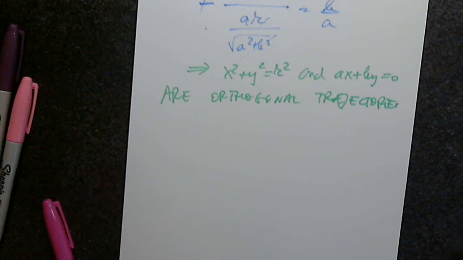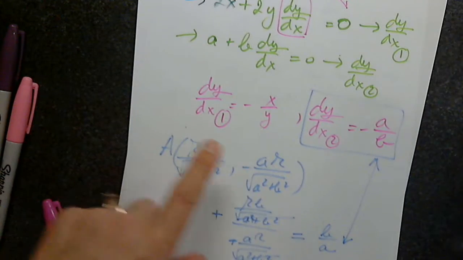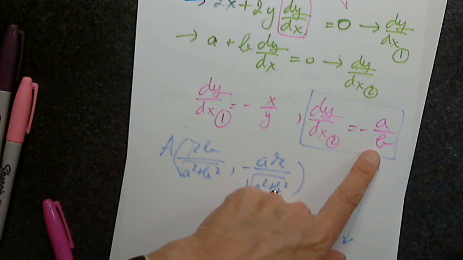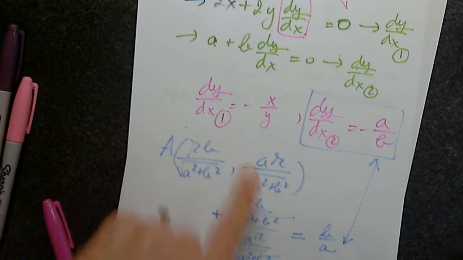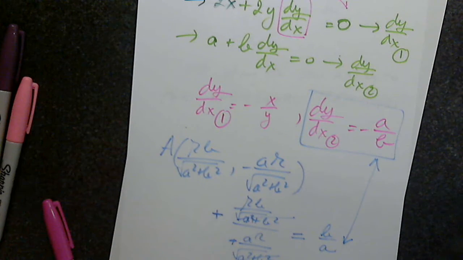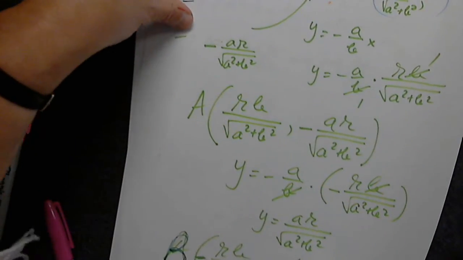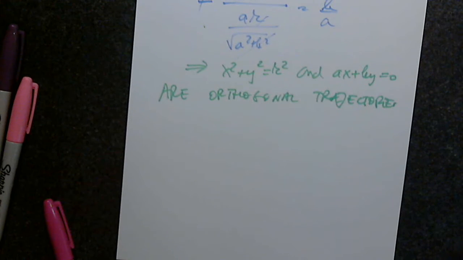It turned out that the product of the slope from the first times the slope from the second at both points was -1. Therefore, the 2 families of curves are orthogonal trajectories. At any point of intersection, their tangents will be perpendicular.